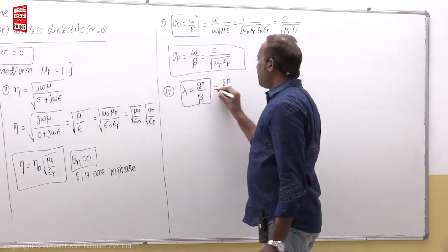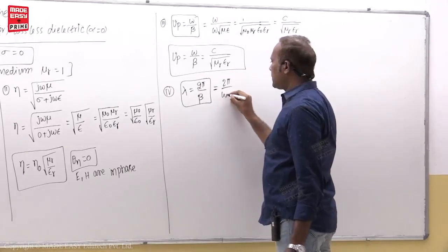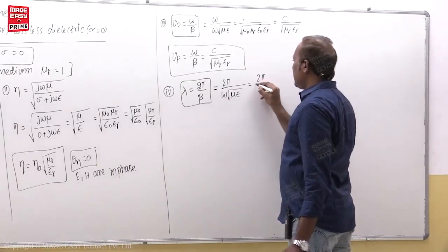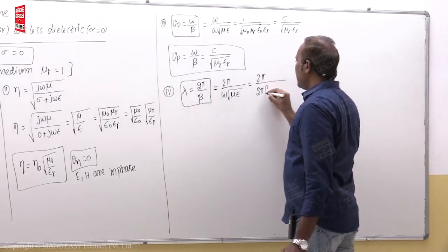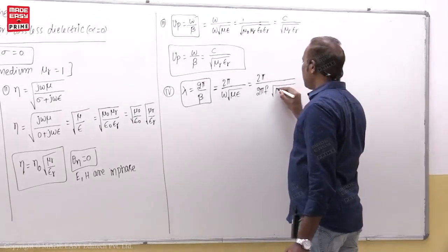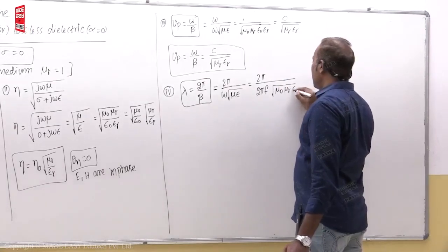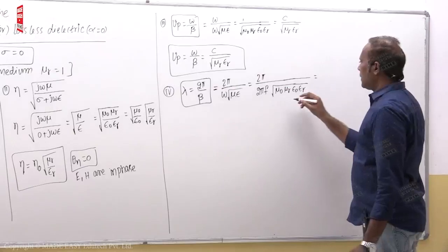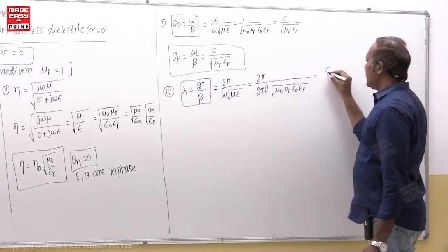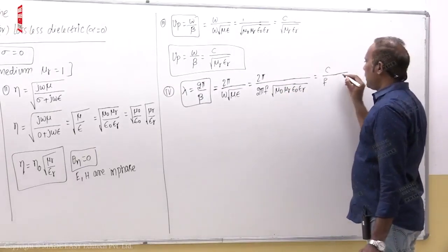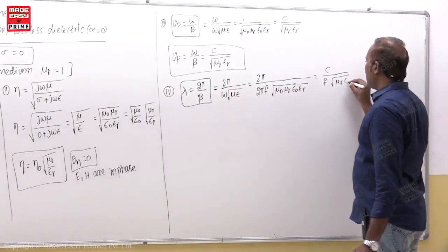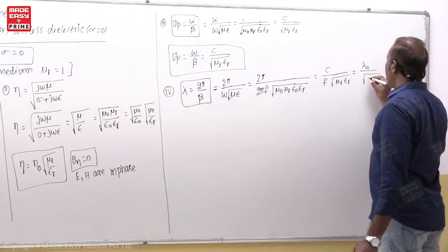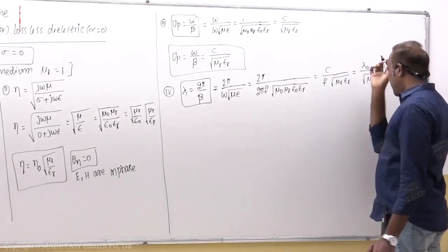But for a perfect dielectric, beta is omega root mu epsilon, so that is 2 pi divided by 2 pi f root mu naught mu r epsilon naught epsilon r. So 2 pi cancels. 1 by root mu naught epsilon naught is c by f, and root mu r epsilon r. C by f is lambda naught. So lambda naught divided by root mu r epsilon r.